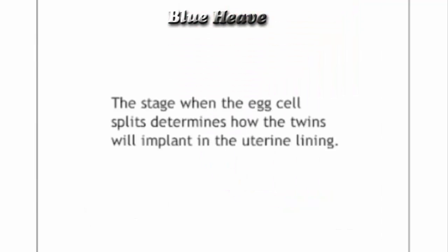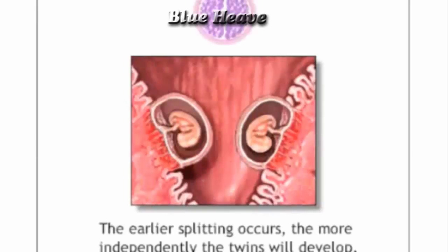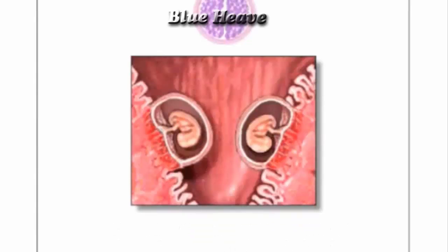The stage at which the egg cell splits determines how the twins will implant in the uterine lining and whether or not they share an amnion, chorion, and placenta. Basically, the earlier the splitting occurs, the more independently the twins will develop in the uterus.